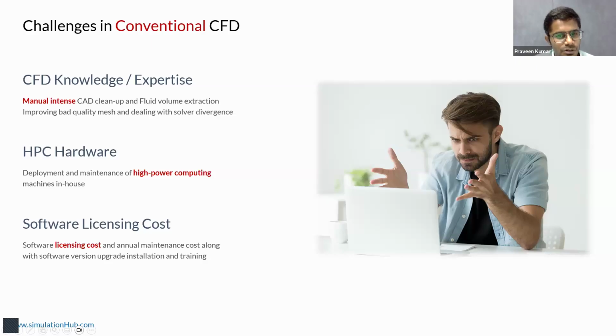So what we wanted to do at Simulation Hub was overcome these challenges, to support our mission, which is to democratize this technology and take it to the hands of design engineers.